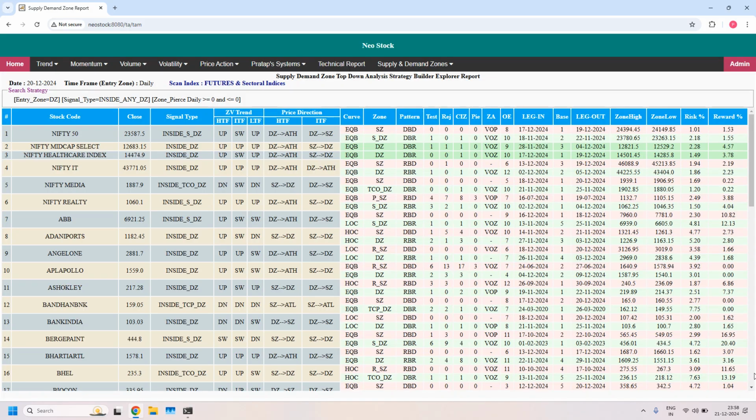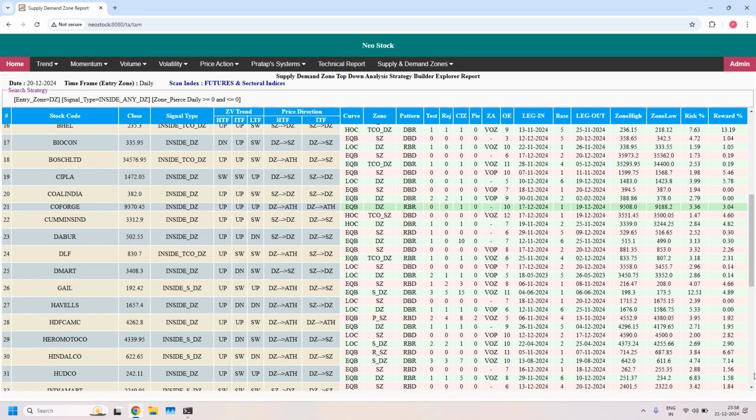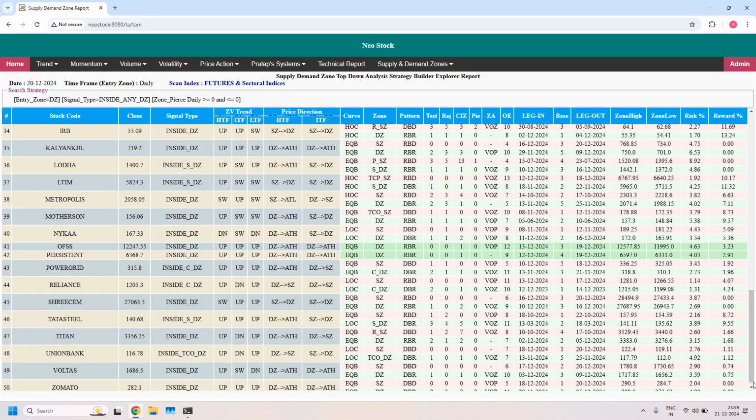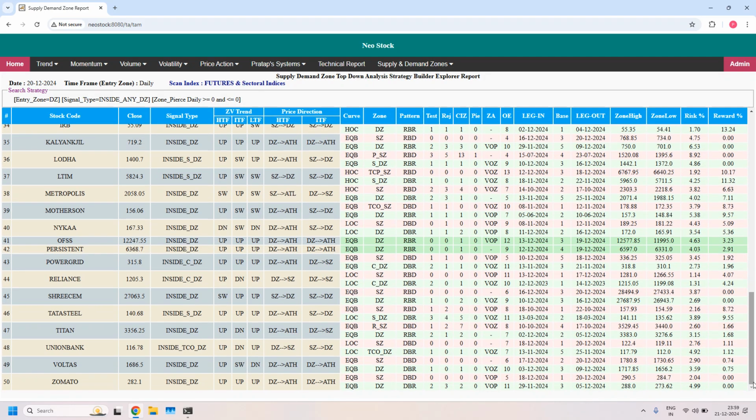First 16 stocks in the list. I am scrolling the list down. So total 50 stocks are filtered where price closed inside daily demand zones.